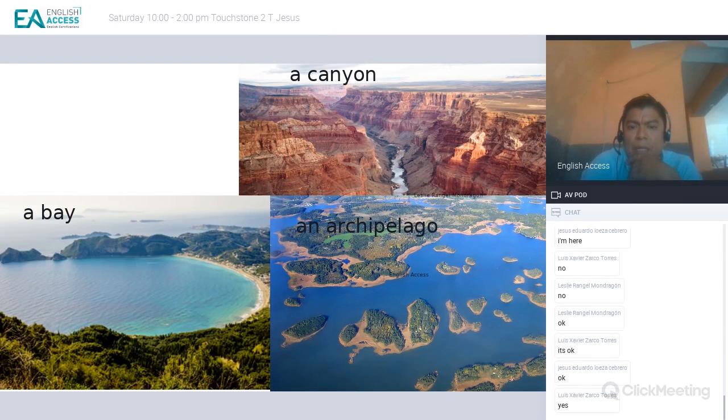Canyon, bay, and archipelago. Do we have these things? Yes, of course, we have a lot of bays. Yes, in the canyon?